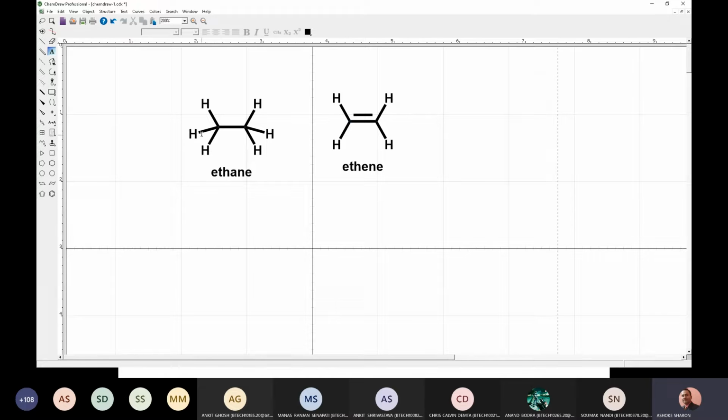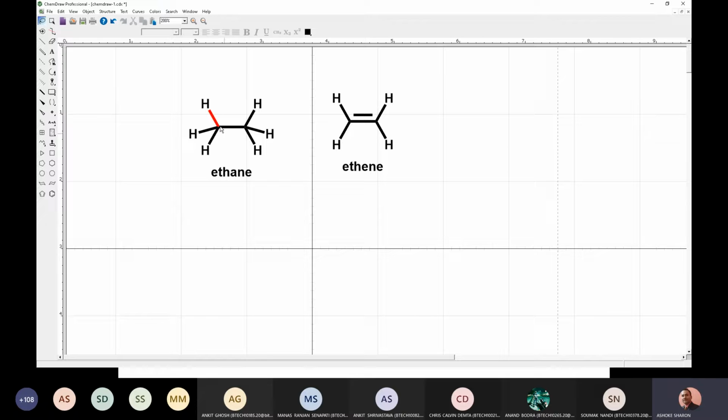Now my next question: this sigma bond is formed how? Between the sp3 and what kind of orbital of hydrogen? Can you tell me how this sigma bond is formed here at this point of time, this red color one? Absolutely correct, Deepak.